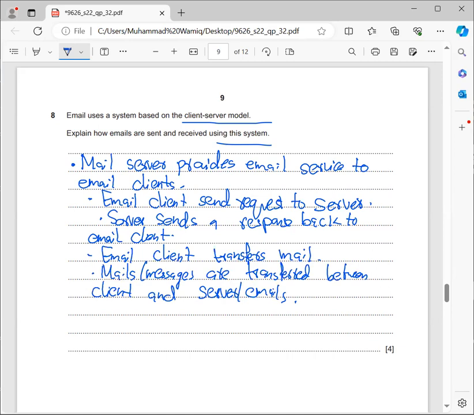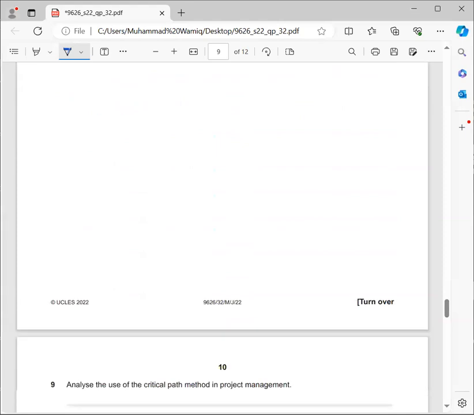You can also write another extra point that it is supported by protocols such as POP3, SMTP, all of them are email protocols, but you do not need to write for more than 4 bullet points.